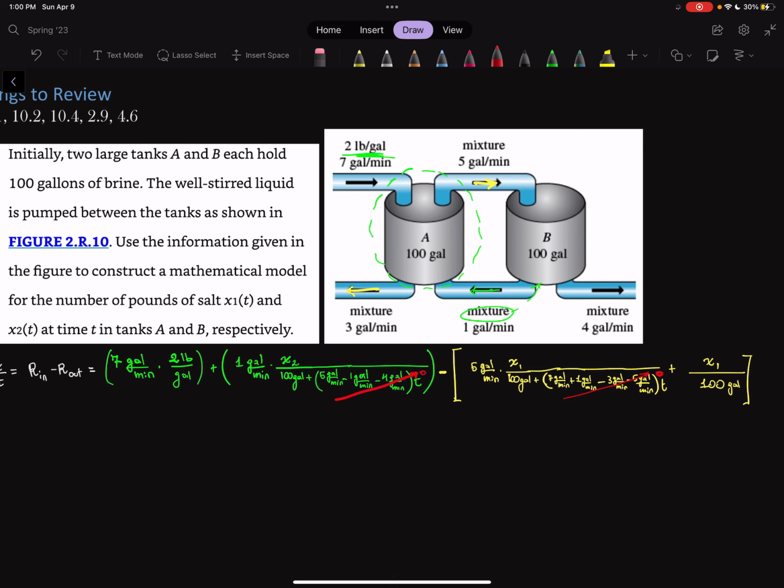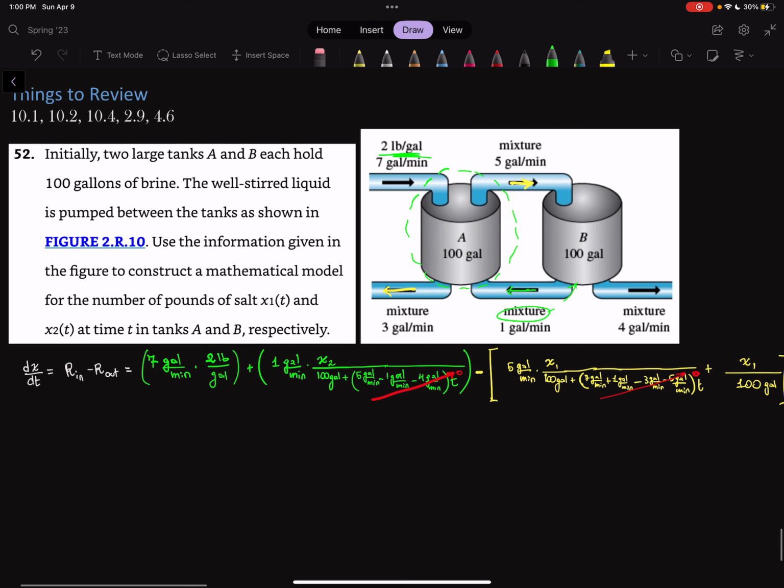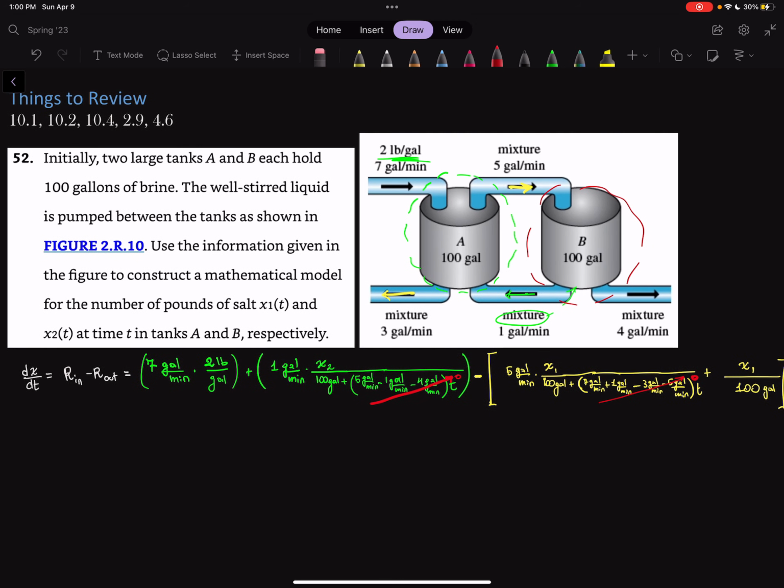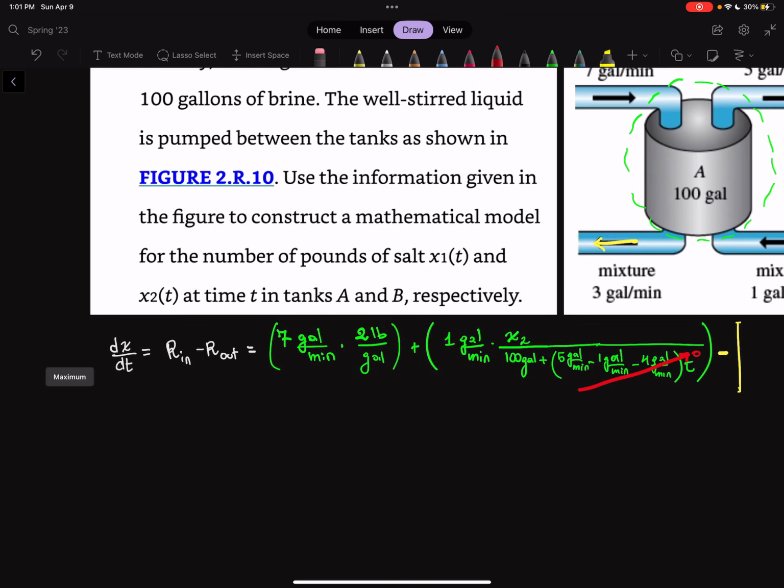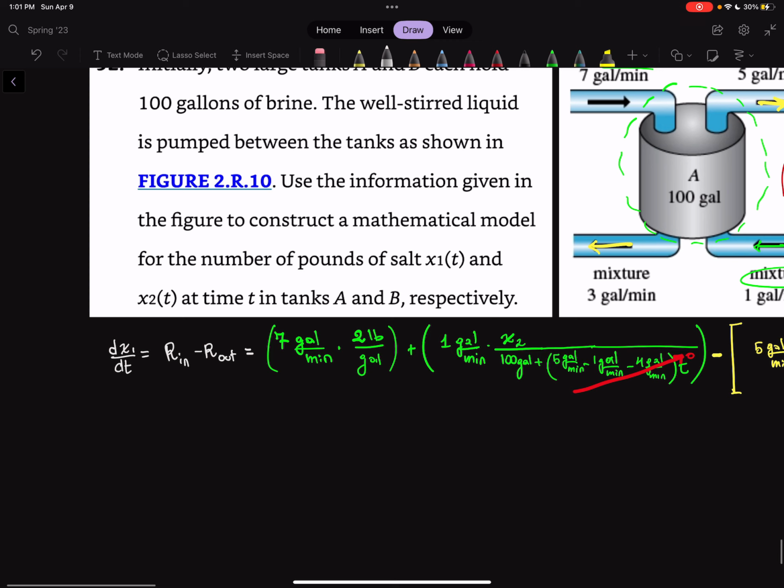Now, armed with this knowledge, we'll do tank B. We'll use this color for all of tank B. So dx2 over dt is still going to be rate in minus rate out.